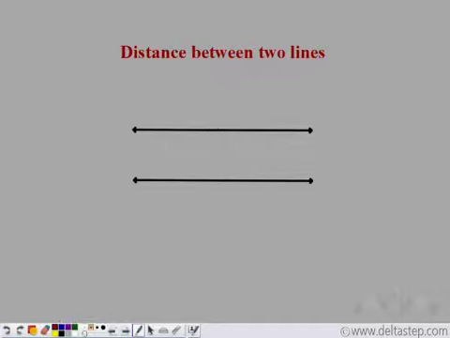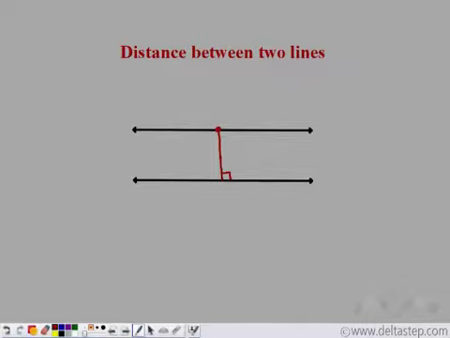So we take a point on this line. Now we need to find the distance between this point and this line. But we already know that the distance between a point and a line is given by the perpendicular from that point to the line.